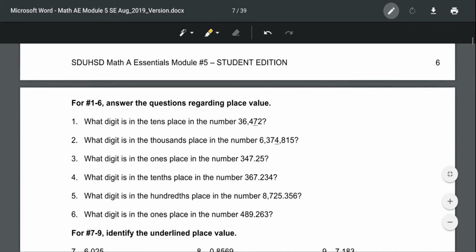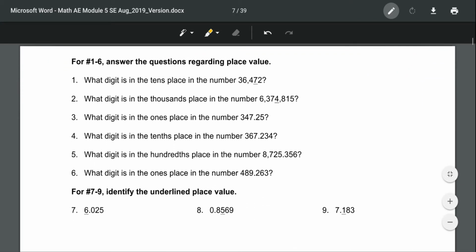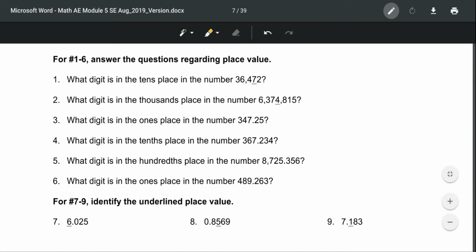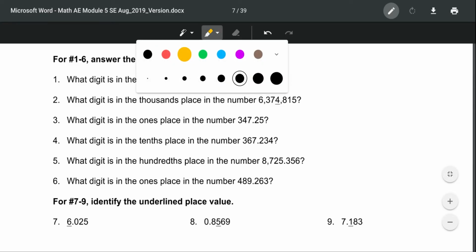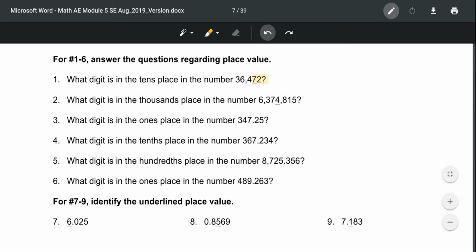Okay, so let's take a look at some examples. In number 1, it says what digit is in the tens place in the number. So the number that's highlighted is what they're asking you for. And maybe highlighting is not going to work here, so I'm going to circle it. So 7 is underlined.